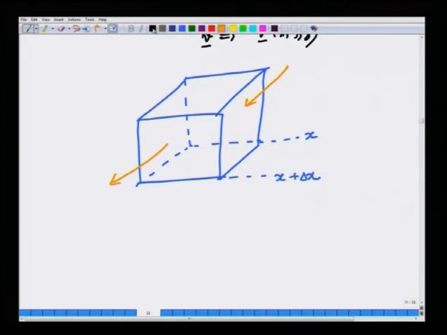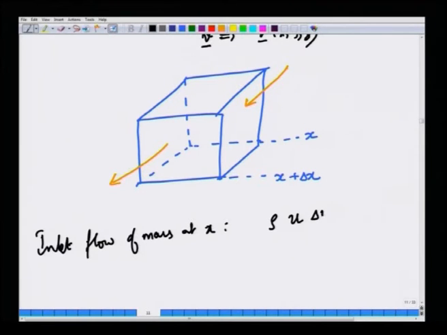So the inlet mass flow, inlet flow of mass at x is simply the density, which is mass per unit volume, times the volumetric flow rate of fluid entering at x, which is the x velocity, because fluid is coming in at the phase x with an x velocity, times the cross sectional area through which it is flowing, which is delta y delta z, but all of which is evaluated at x.